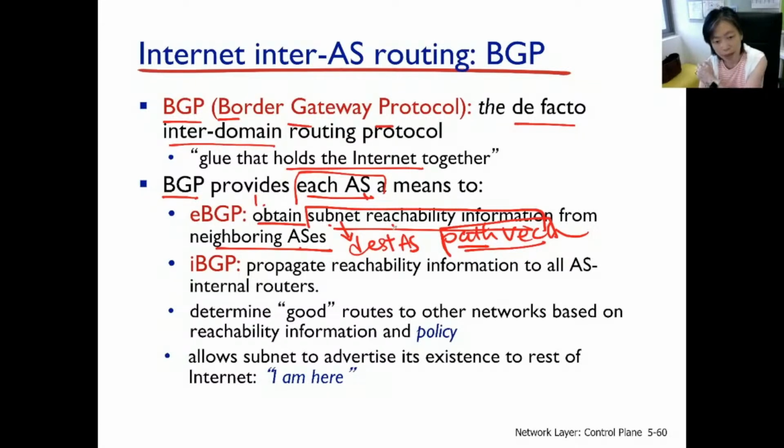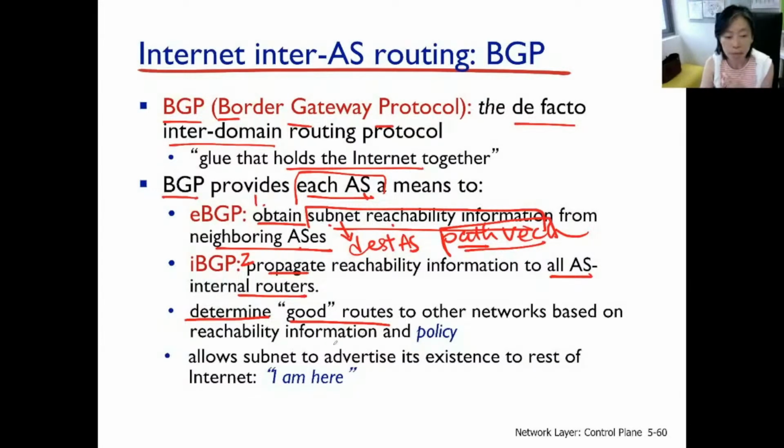Second step, the gateway router receiving such a path vector will then propagate it to all the internal routers, including those routers that are gateway routers to other neighboring ASes. As a result, each of these routers within the AS can calculate what is the best path for a particular destination AS.